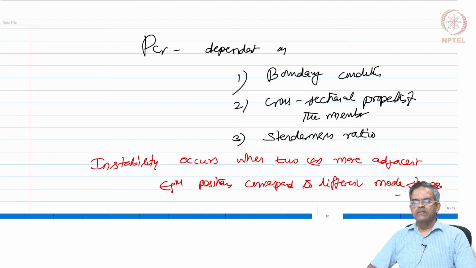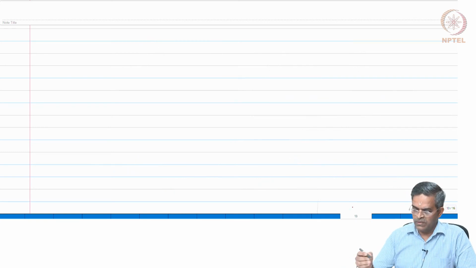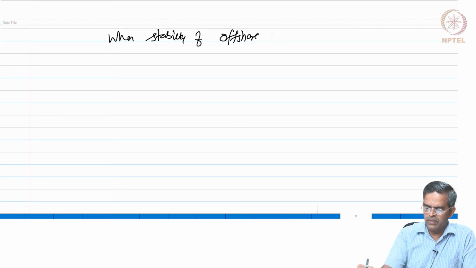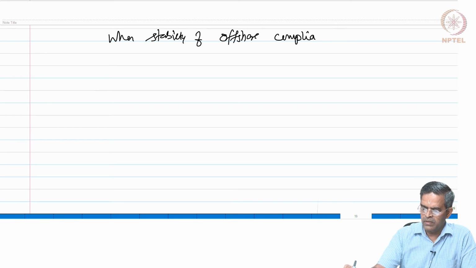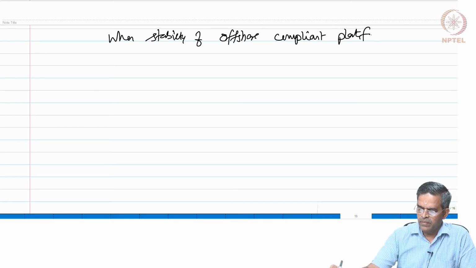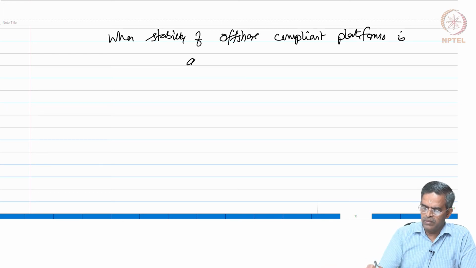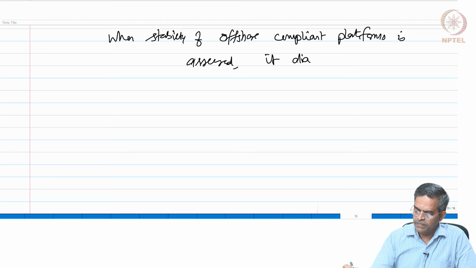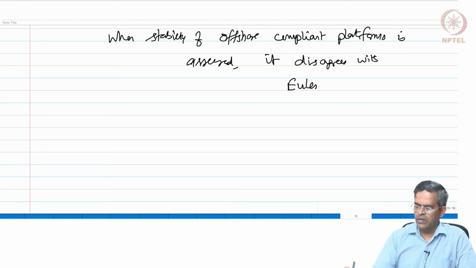But when you assess stability of offshore compliant platforms, it disagrees with Euler's criterion.